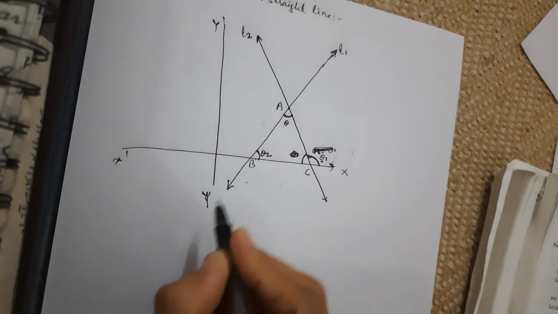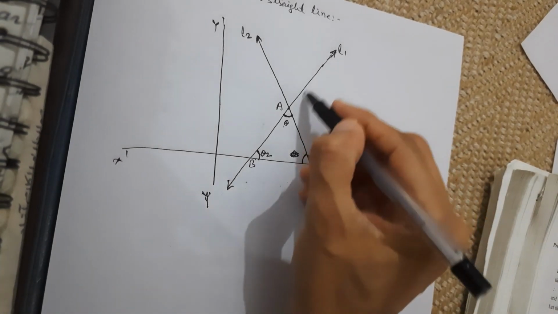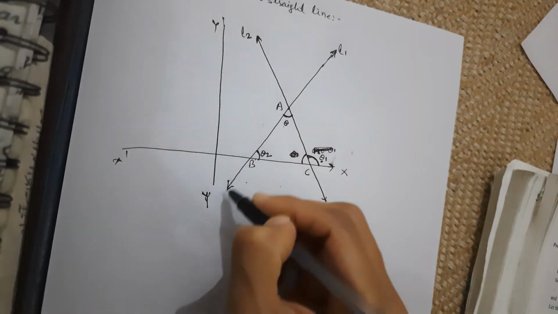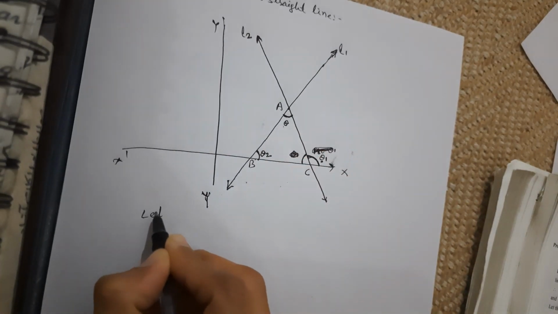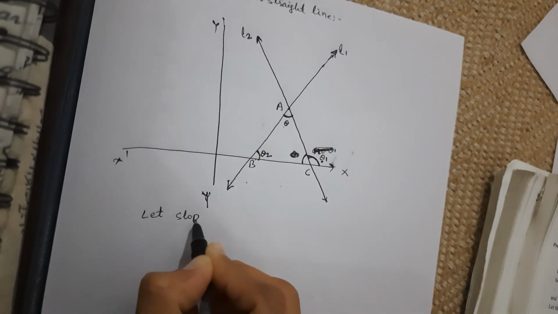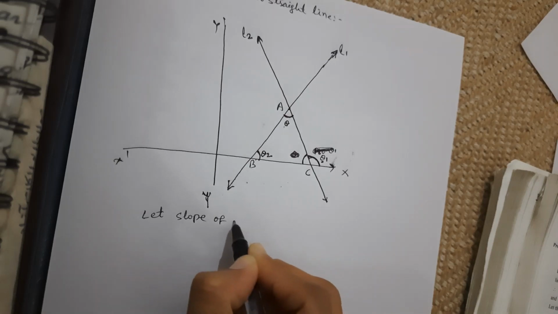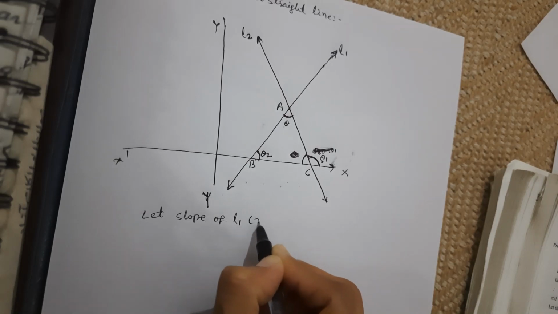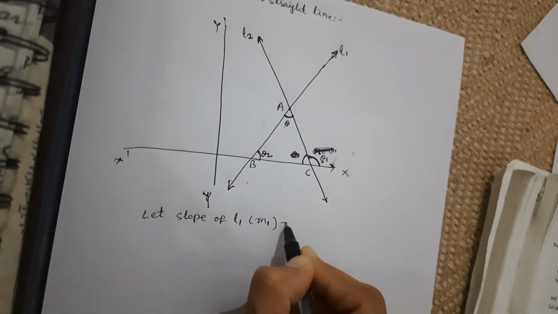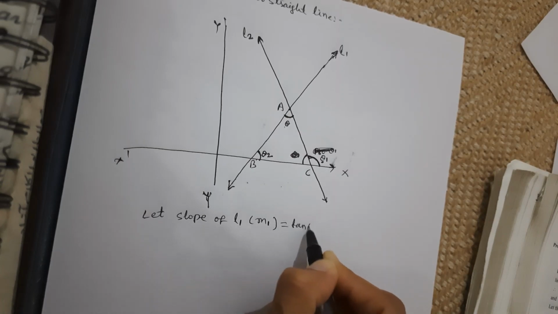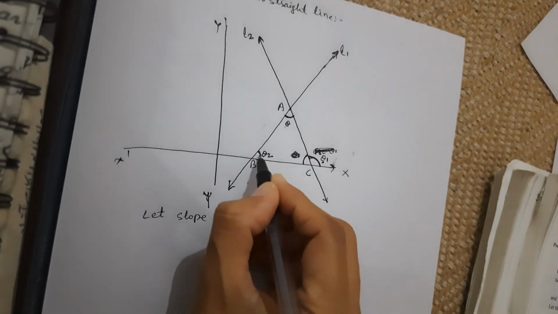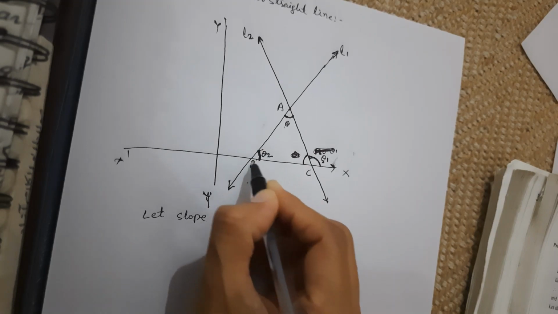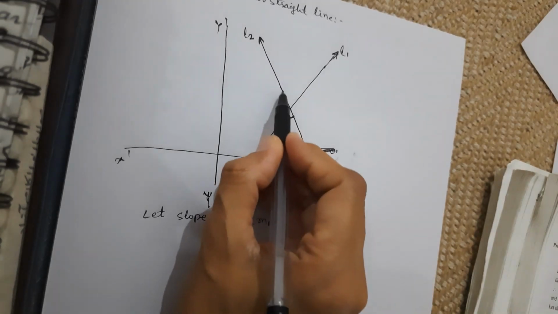So what will be the slope of line L1? Suppose I am considering that the slope of L1, which we indicate by M1, is equal to tan theta 2, right? Tan theta 2. This will be the angle of inclination for this line.